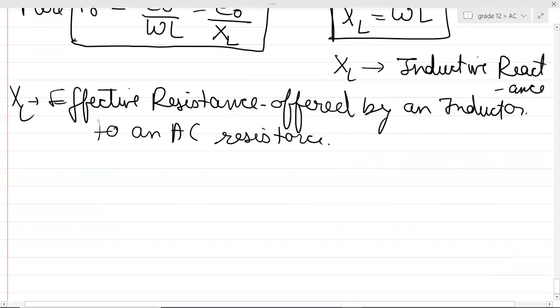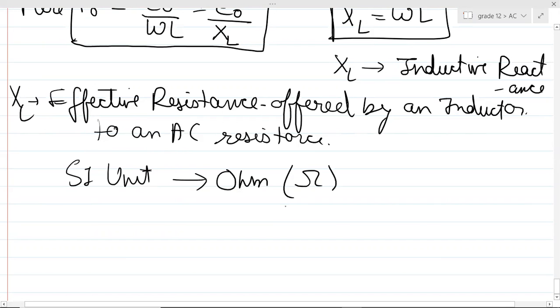They always save a little bit, so that's why they show a reactance in spending the energy, right? The SI unit for reactance will again be the ohm only.